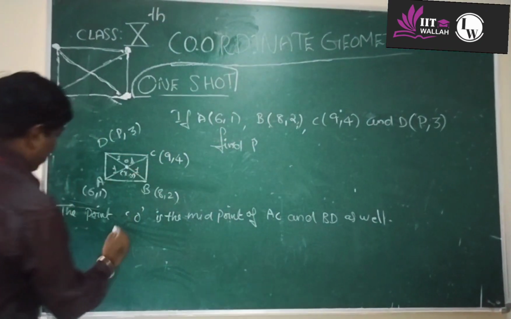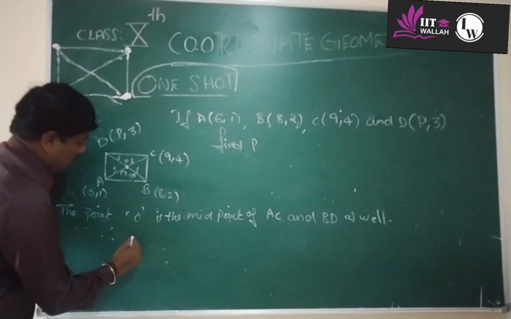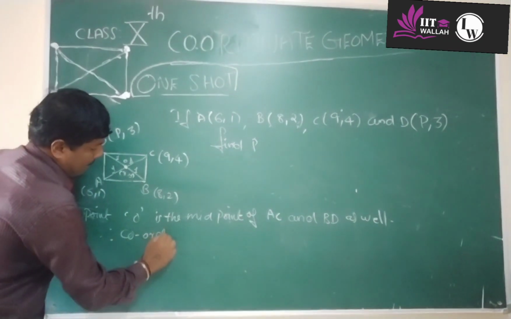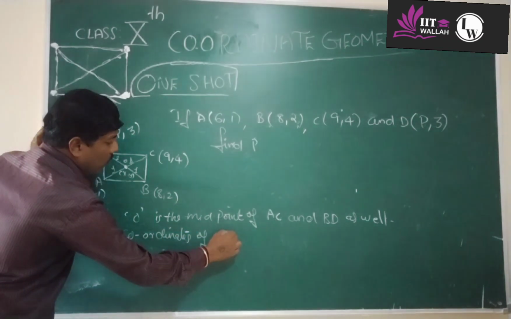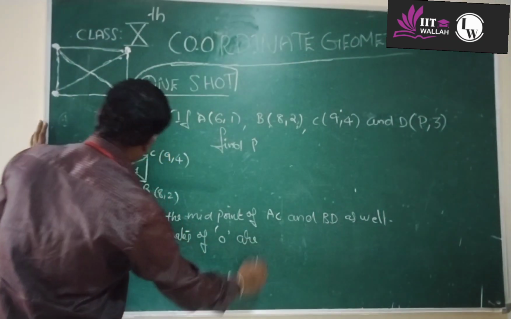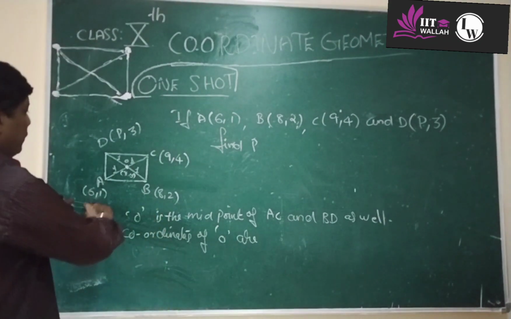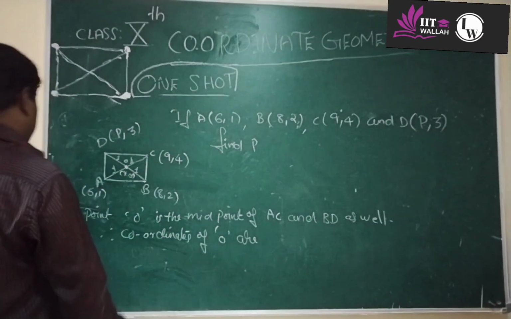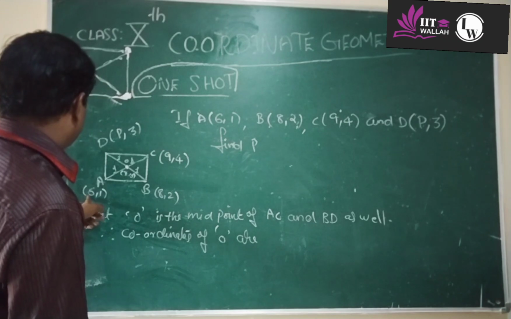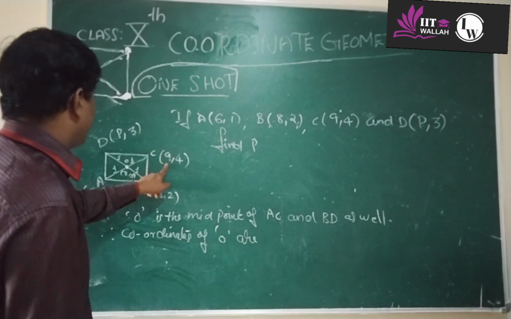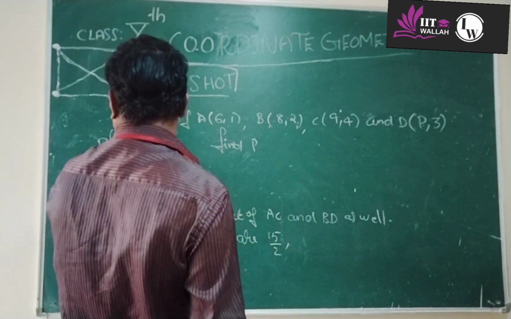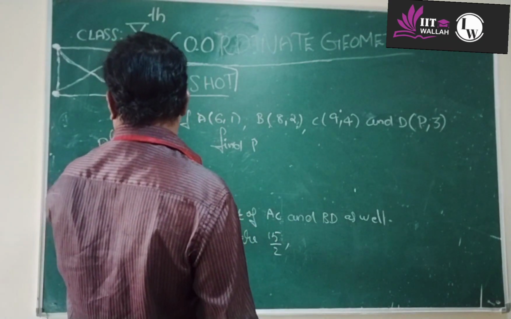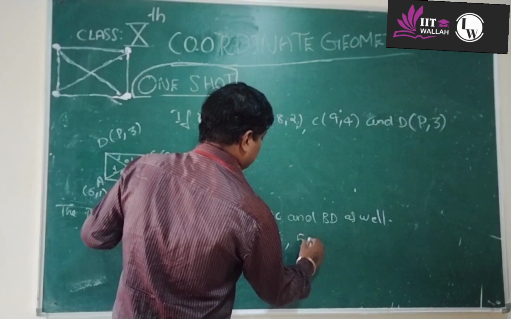Therefore the coordinates of O are (x1 plus x2) by 2, (y1 plus y2) by 2. So from AC, 6 plus 9, 15, 15 by 2, comma, 1 plus 4, 5 by 2.